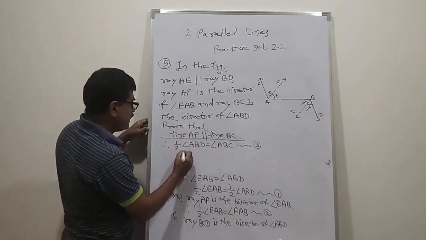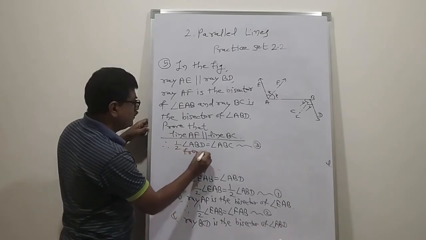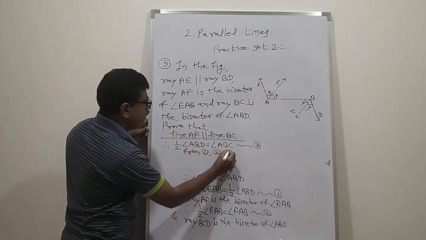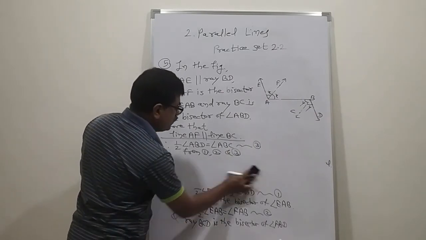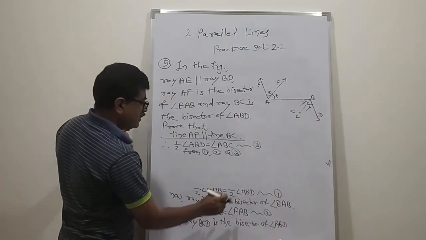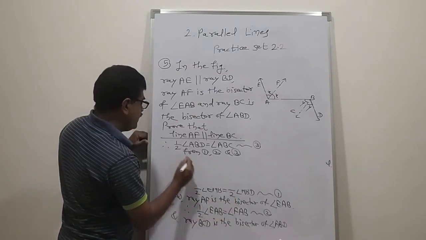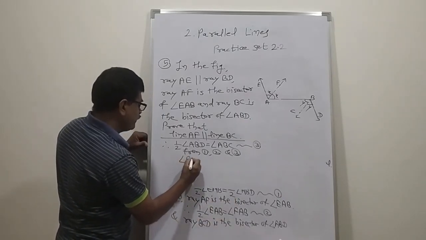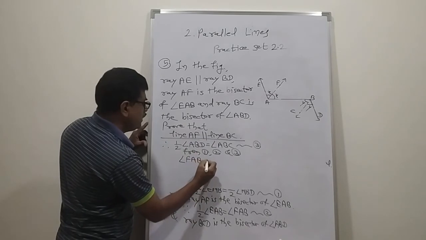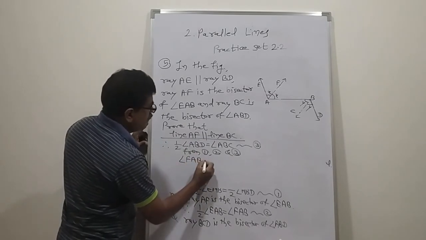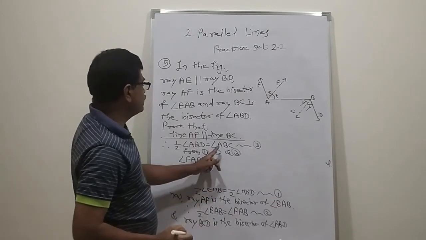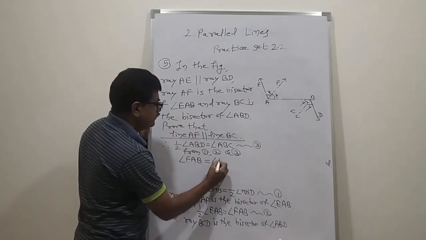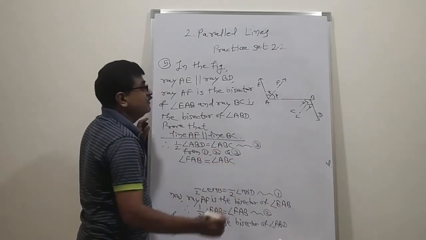Therefore, from 1, 2 and 3, angle FAB is equal to angle ABC.